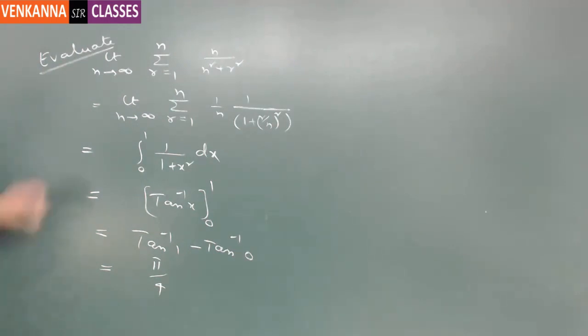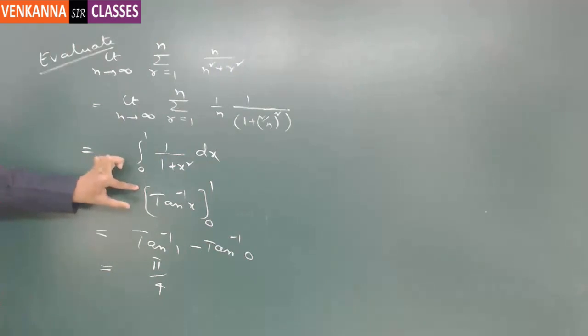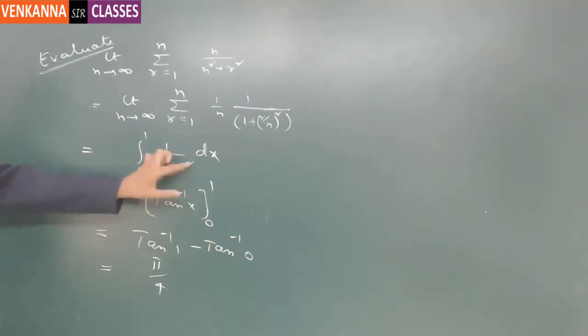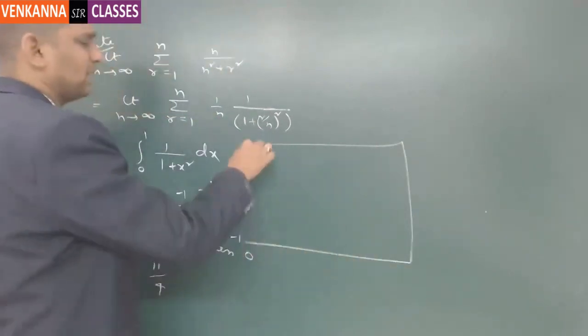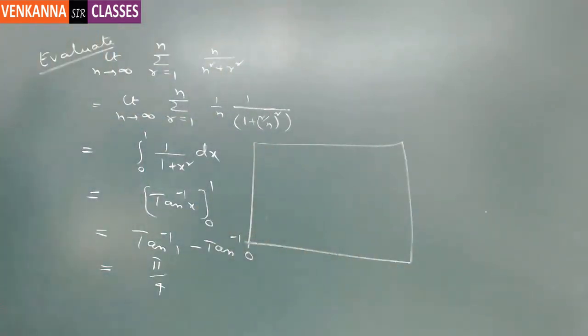Now what happens? Before writing this tan inverse x with the limits 0 to 1, you should write the part as per the previous problem. So f of x is equal to 1 by 1 plus x square. It is Riemann integrable. Define phi as tan inverse x. Then phi dash is equal to f. Phi is primitive of f.